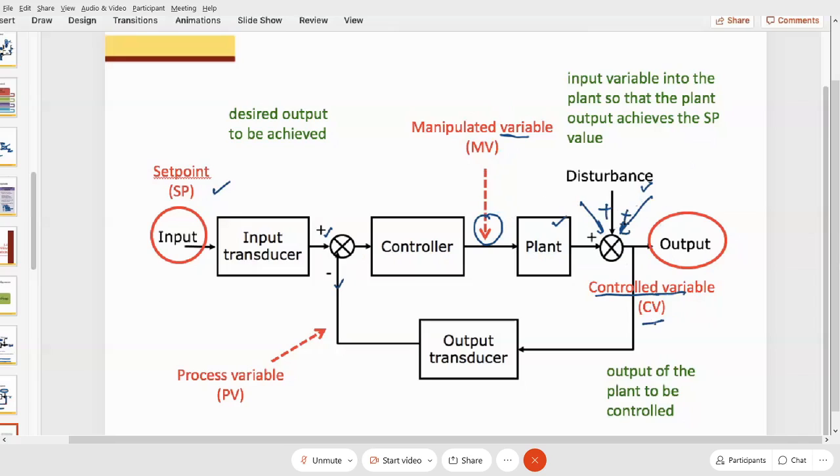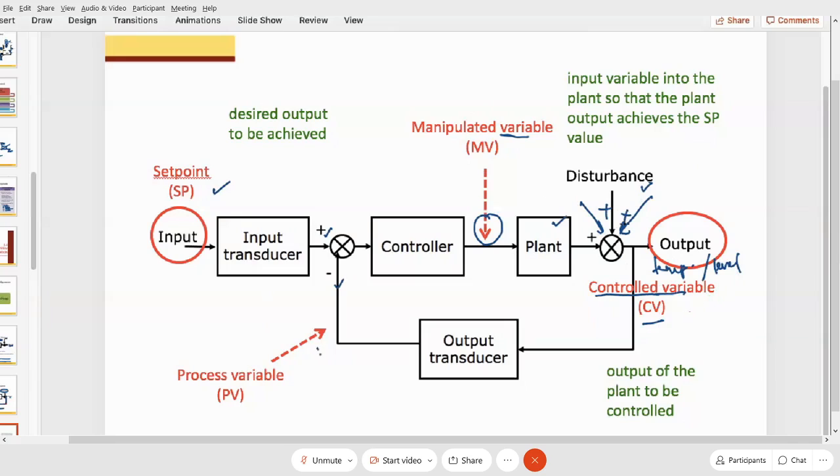The control variable is the variable that we need the system to control, meaning the output of the system. If the output is temperature, the control variable is temperature. If your output is level, your control variable is level, the actual level of your system.